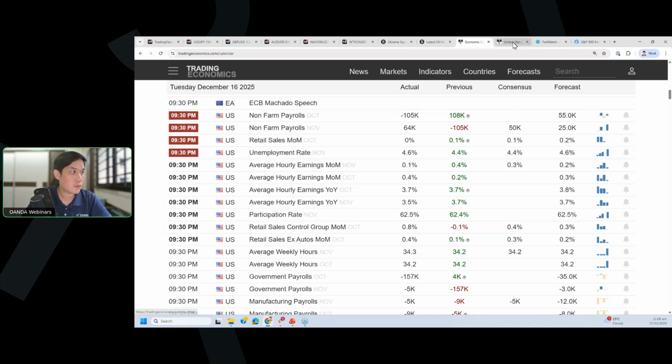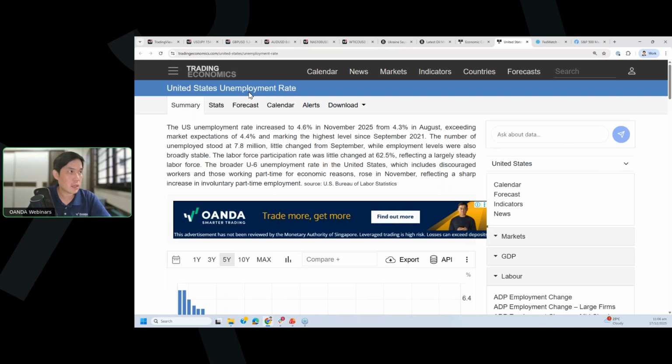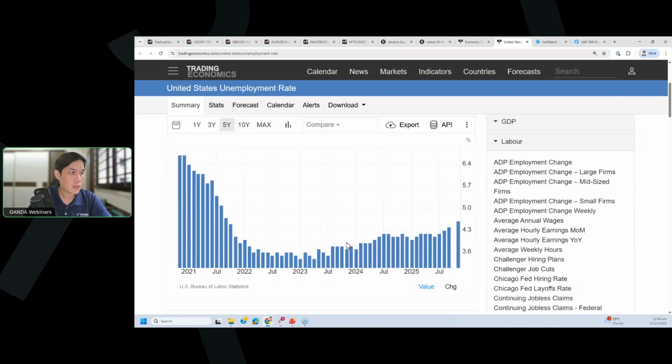If you look at the US unemployment rate, there's a gradual increase and then a significant jump in November to 4.6, the highest since September 2021. That's close to about a 4-year high, indicating that the labor market in the US continues to be sluggish.